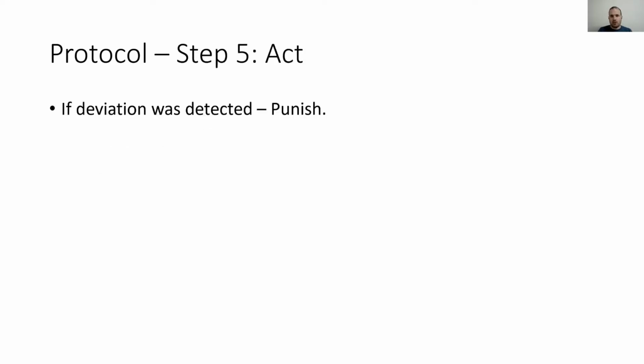The fifth step is to take an action. First, if a deviation was detected, just take the punishment action. And here we can end with the information game, since each player has all the types of all the players.